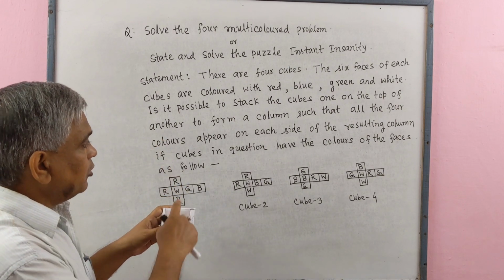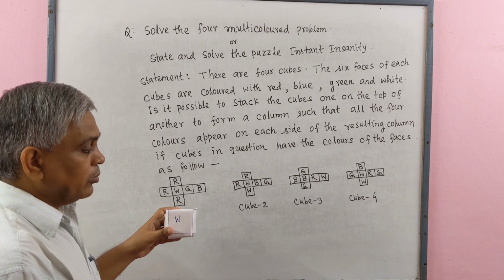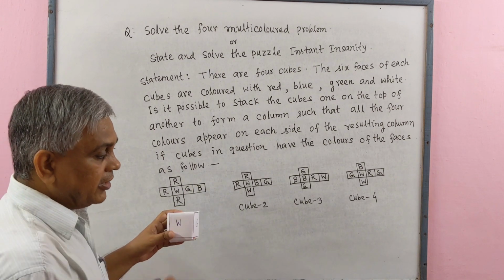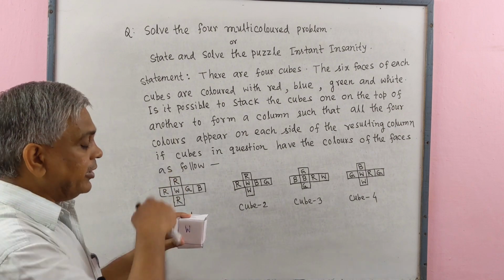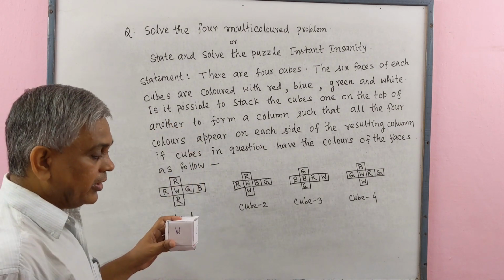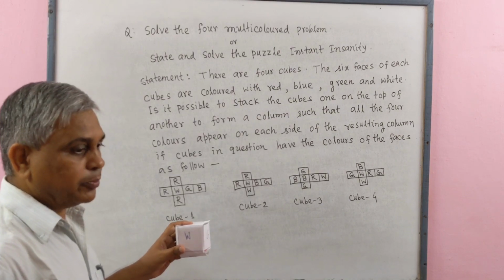Front column will contain 4 different colors, back column will contain 4 different colors, left column will contain 4 different colors, and right column will also contain 4 different colors of 4 faces.